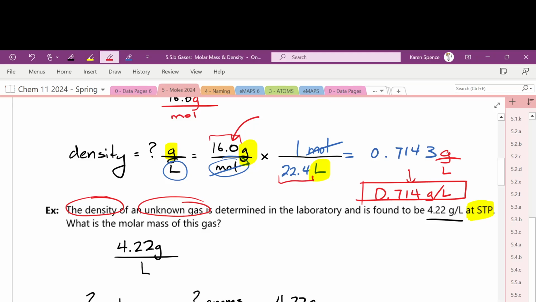I need to cancel my liters because I don't want liters. I want moles on the bottom. So where do liters have to go? They have to go on the top. And where do moles have to go? On the bottom. And so we have 1 liter per 22.4 moles.